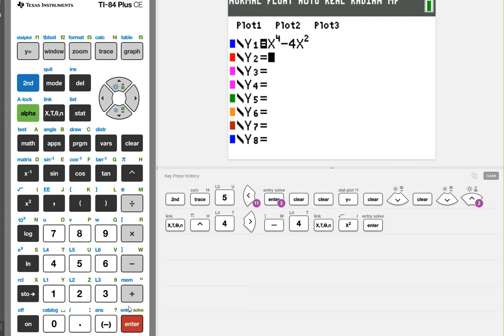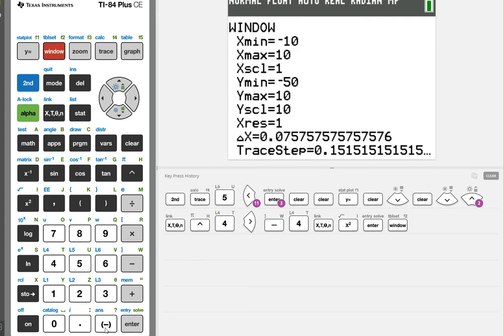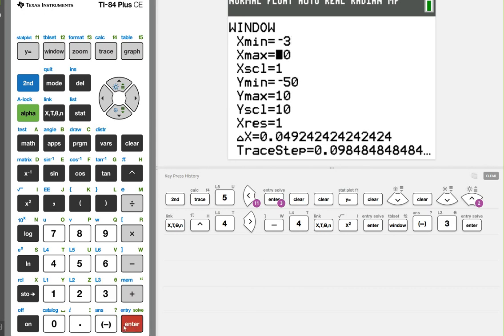So let's set up our window from, I don't know, -3 to 3. That should be fine. Doesn't have to be too dramatic. So at the window, type in -3 to 3. Probably need to adjust things in the y direction, but I don't really feel like it, so I'm just going to cheat.